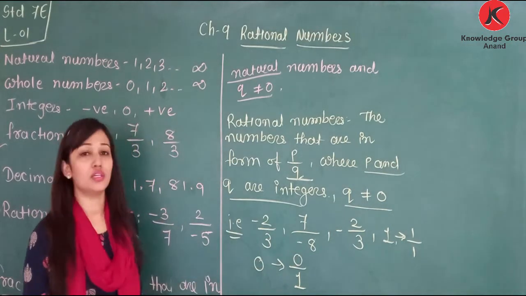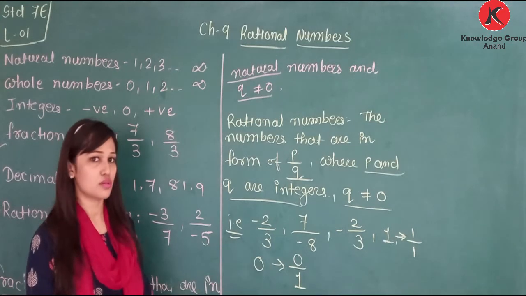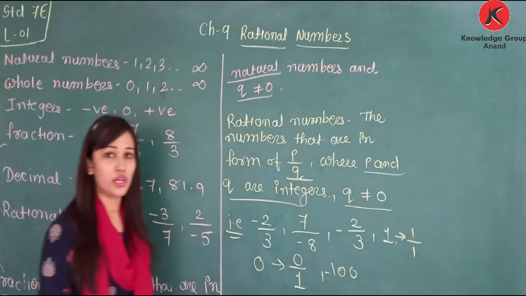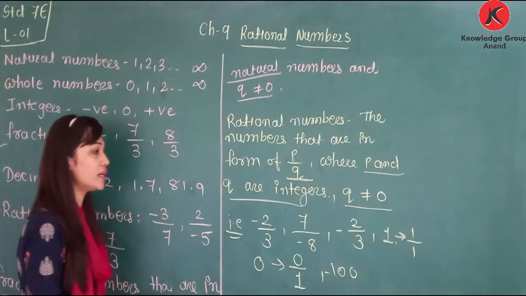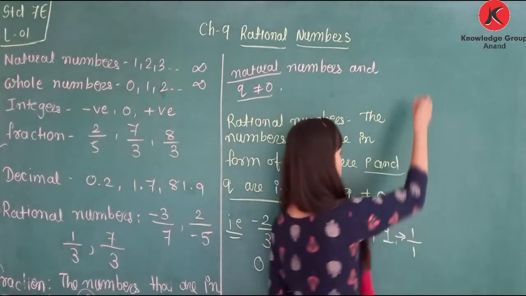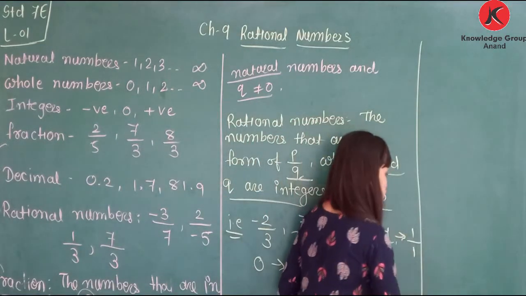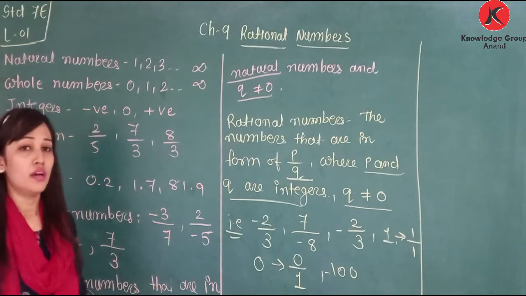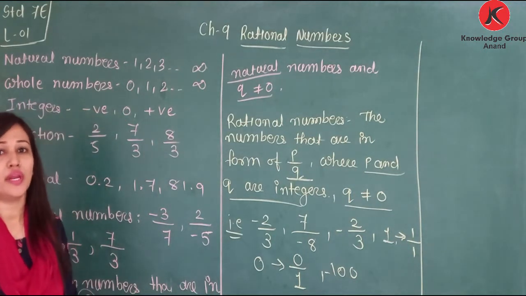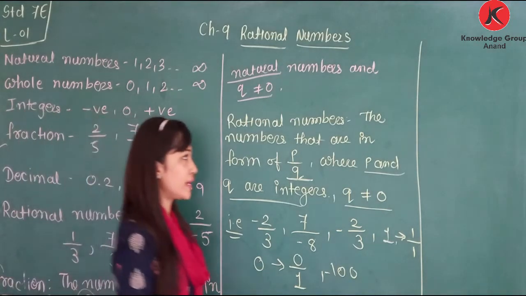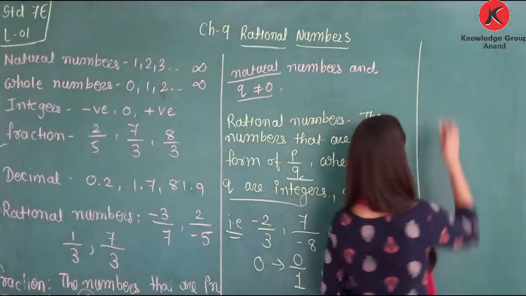So that's why 0 is also a rational number. Minus 100 is also a rational number because there is 1 in a denominator with every number. So this is why we need to learn about the rational number, because we need to deal with numbers that contain negative numbers in a numerator and or a denominator. So here we can say there are different types of rational numbers.